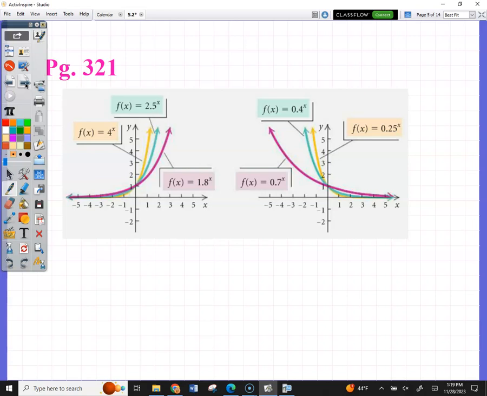So you have to be careful. You cannot look at the graphs. You've got to look at the functions. Notice this is 4 to the x, 2.5 to the x, 1.8 to the x. Notice over here, 0.7 to the x, 0.4 to the x, 1/4 to the x. So the difference is, get artsy with this, meaning take good notes on it.